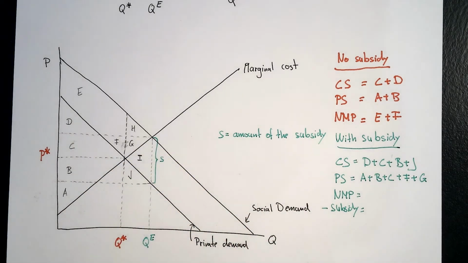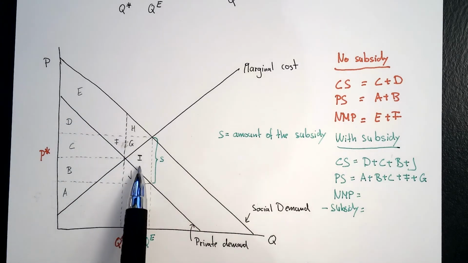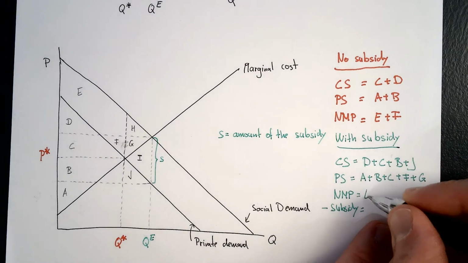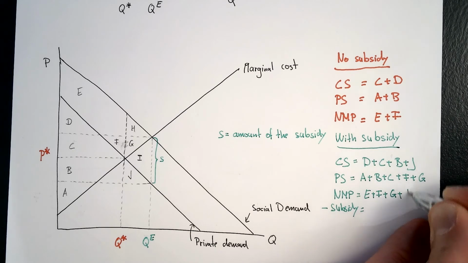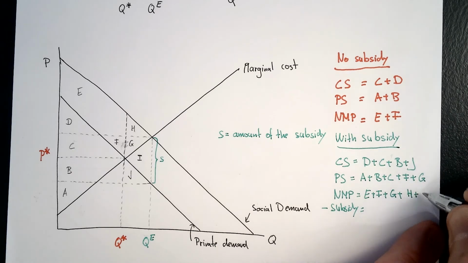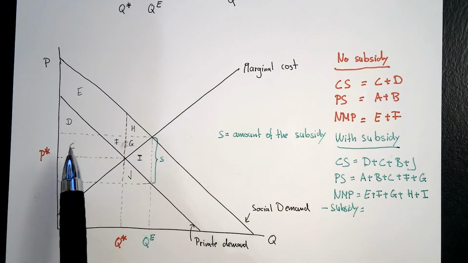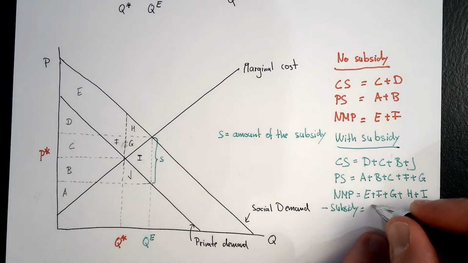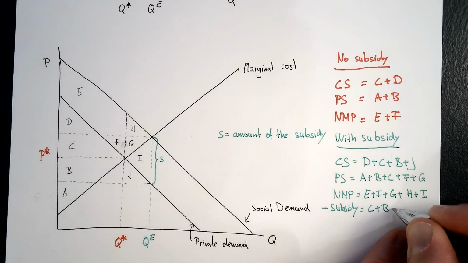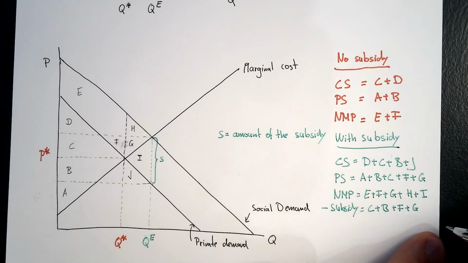The benefit to non-market participants would be E, F, G, H, and I. And the amount of the subsidy is simply this rectangle here, which is C plus B plus F plus G, I, and J.